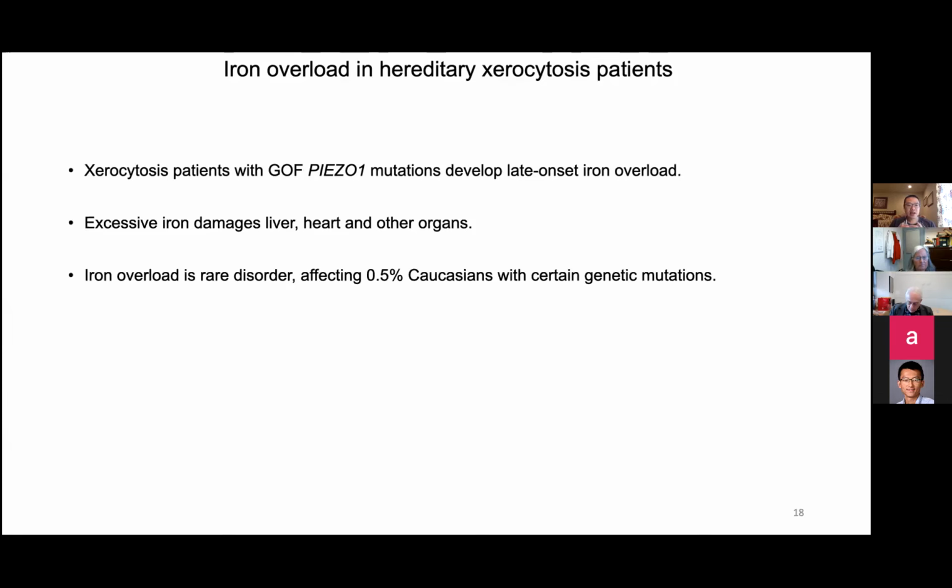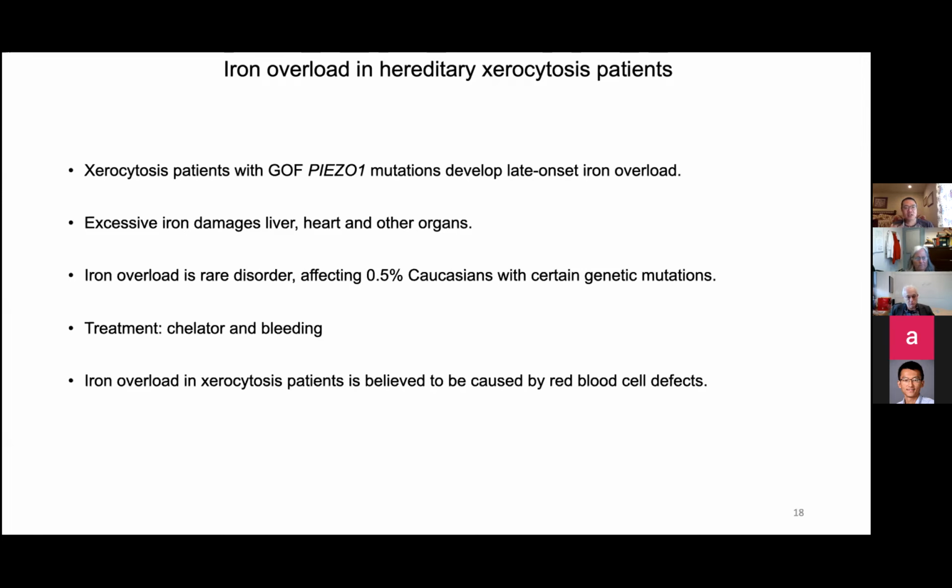In general, iron overload is a rare disorder affecting only 0.5% of Caucasians with certain genetic mutations. And I think iron overload is a medically underappreciated disorder because there are only a few options for treatment, including chelators and bleeding.